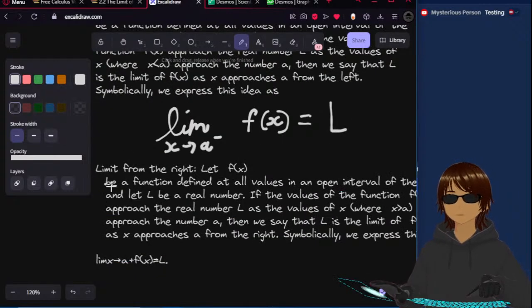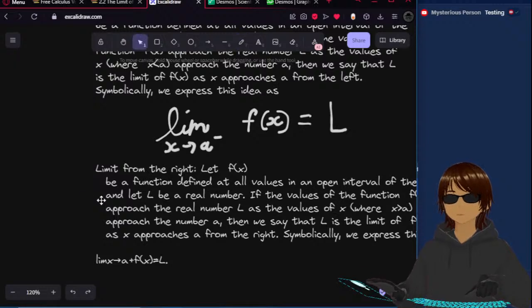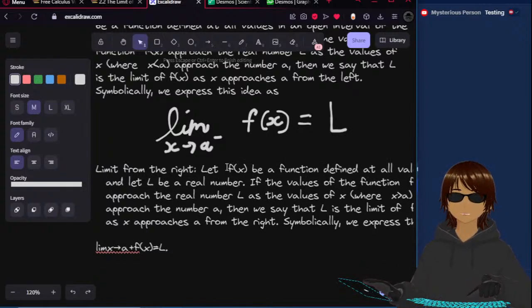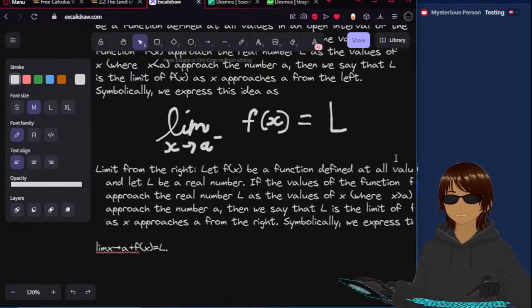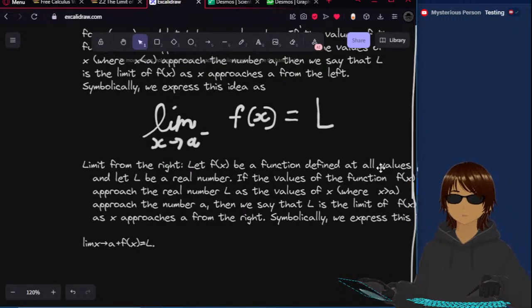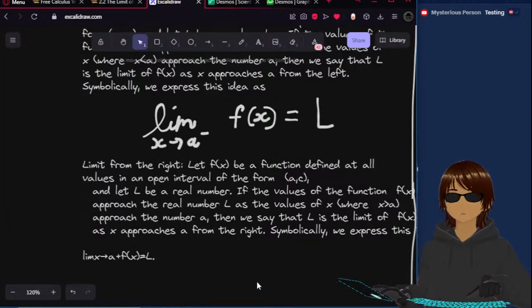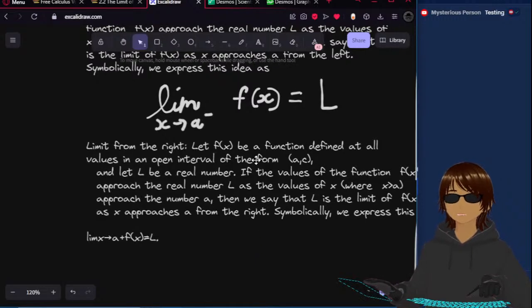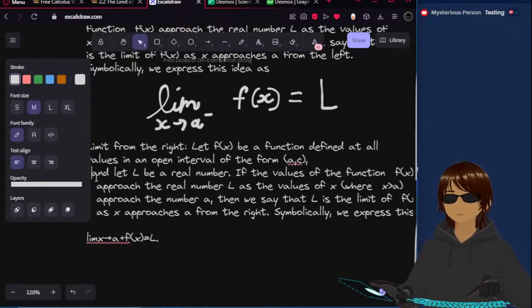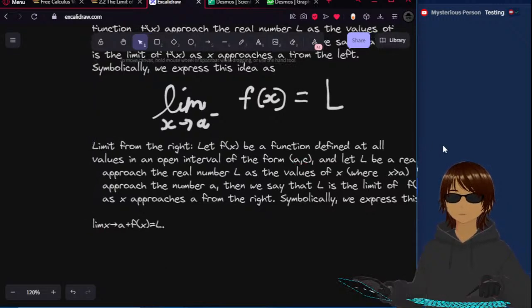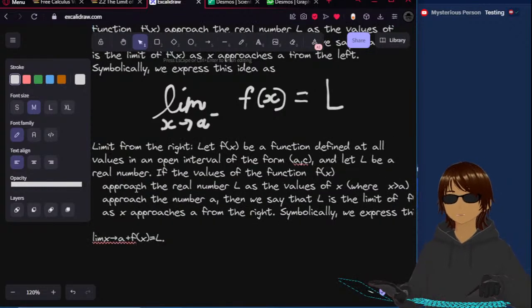Now for the right, I think it will be something similar. Let f of x be a function defined at all values in an open interval of the form A to C. Let L be a real number.